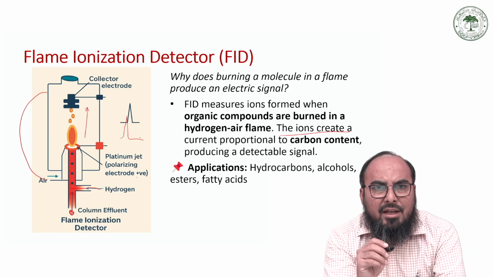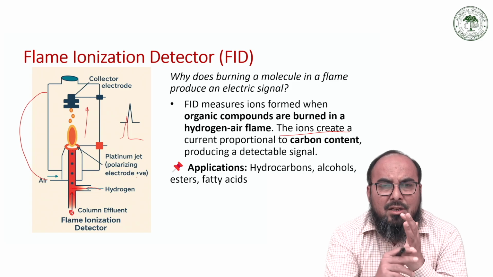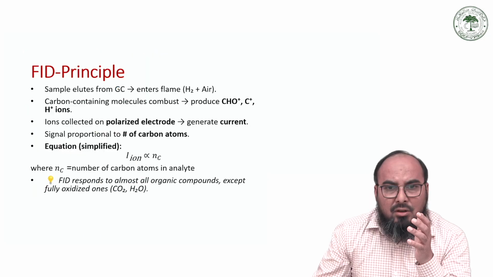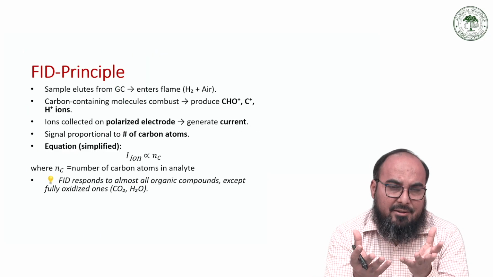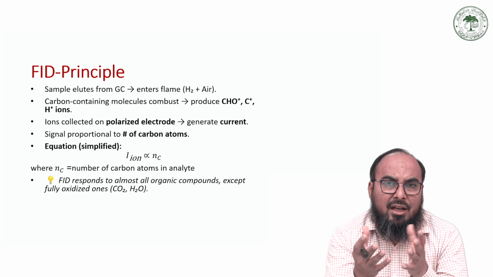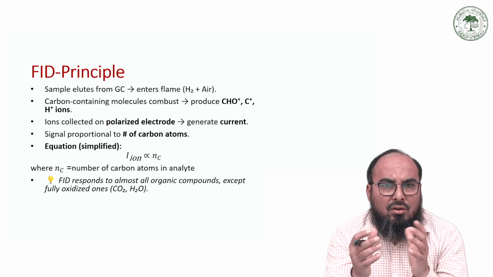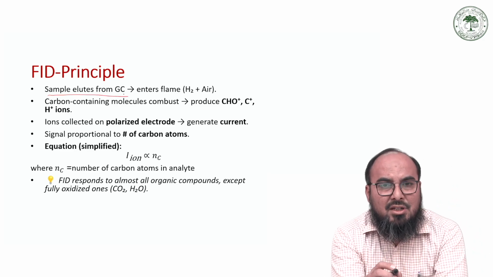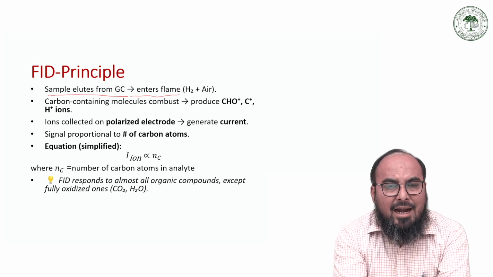So this FID is good for detecting hydrocarbons, alcohols, esters, and fatty acids. But the issue with it is that it is a destructive technique, because your sample gets pyrolyzed, it gets combusted. Initially your sample elutes from the GC, which we have seen, and enters into the flame, that is the hydrogen and air mixture.